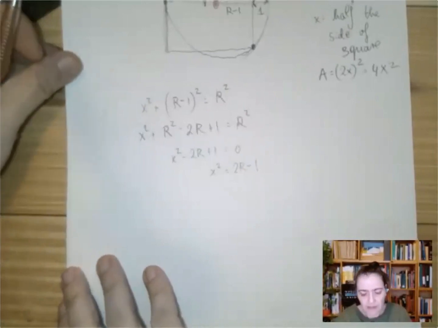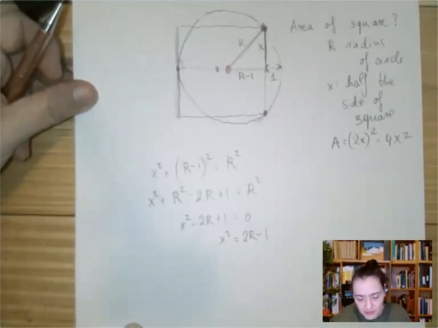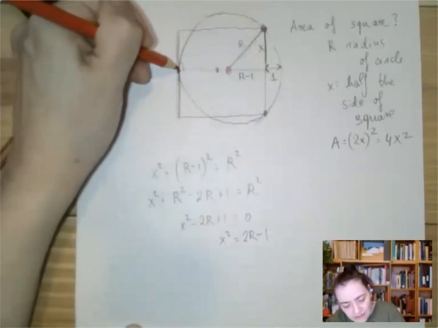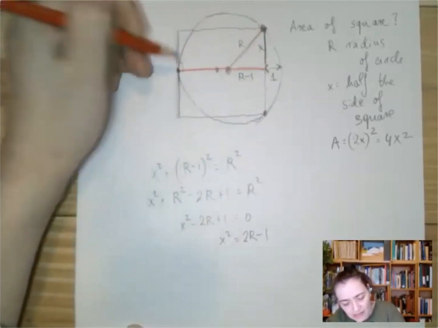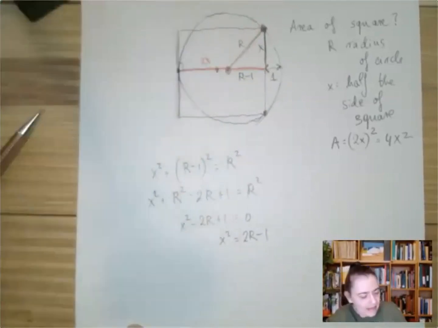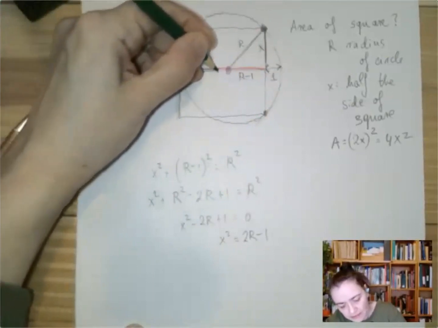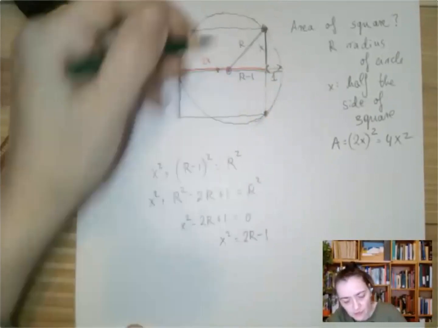Okay. But we need to squeeze out another equation from this situation. And that would be the following. That took me a long time to find. If we go from one side of the square to the other side, that is 2x. And if you draw in the diameter, which means we go from one end of the circle along to the other end, that's 2r.